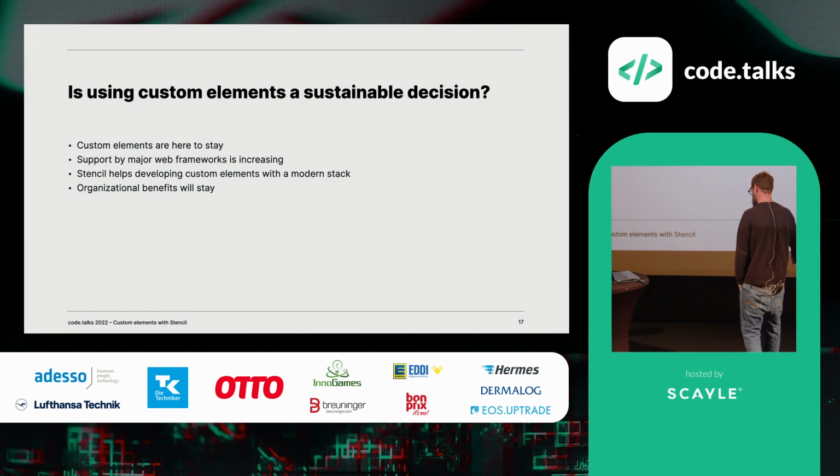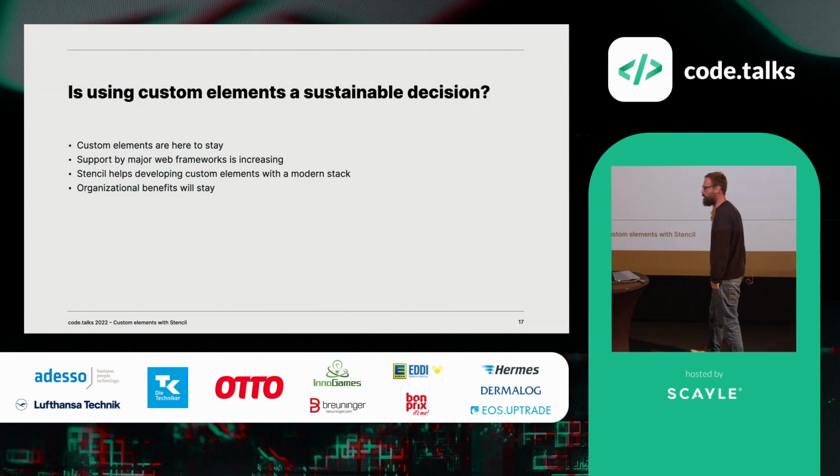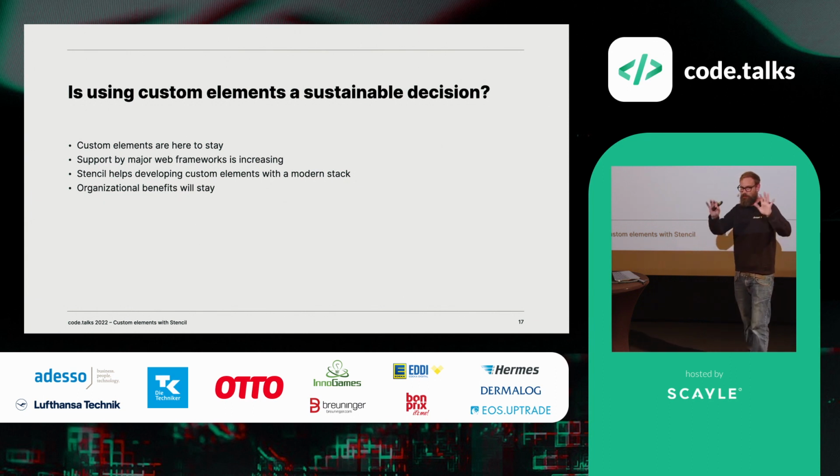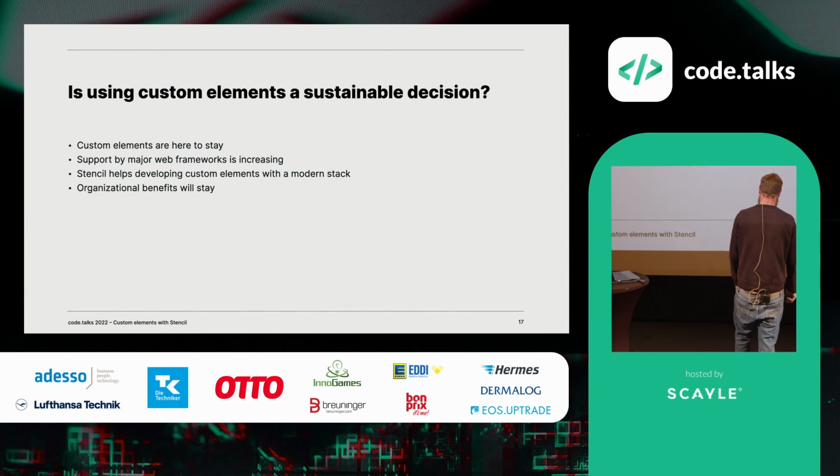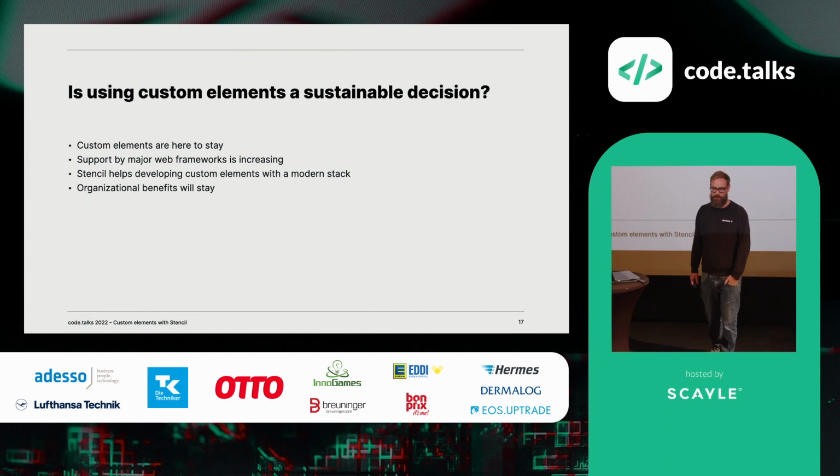Stencil is a really cool tooling to build web components. It's a lot of fun. It's understandable. It's clear. What is totally crazy for me, as someone mostly using React, is that there are different hooks for lifecycle events. This is so much fun. And there are organizational benefits coming from the use of custom elements to build UI components for applications.